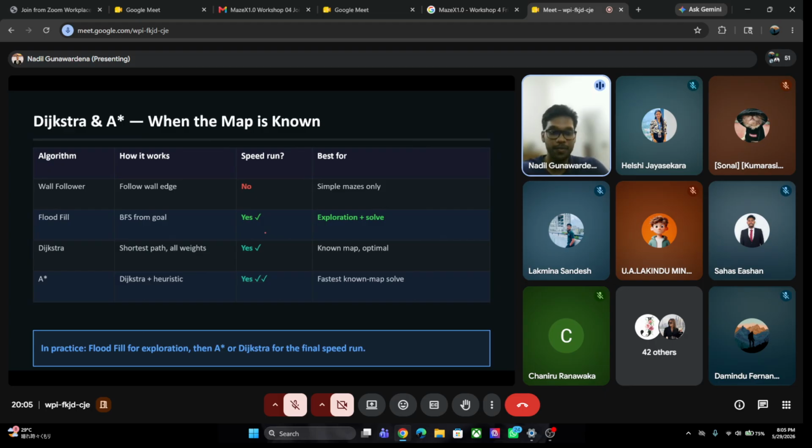After the exploration phase, we can use Dijkstra's or A-star algorithm to compute the shortest possible path for reaching the goal with added weights. Like we change the weights for the matrix.